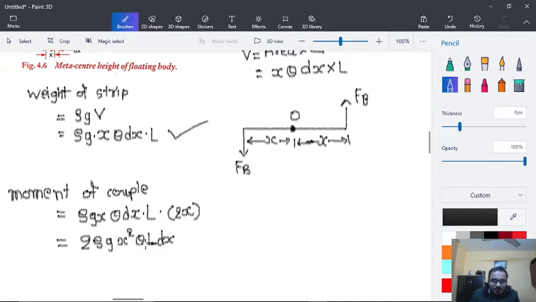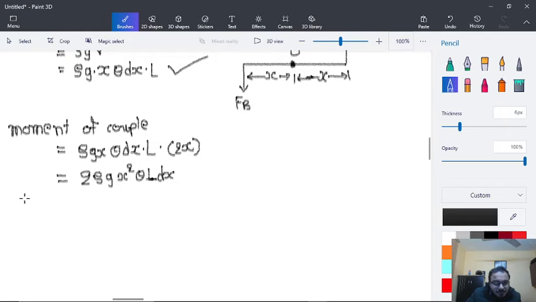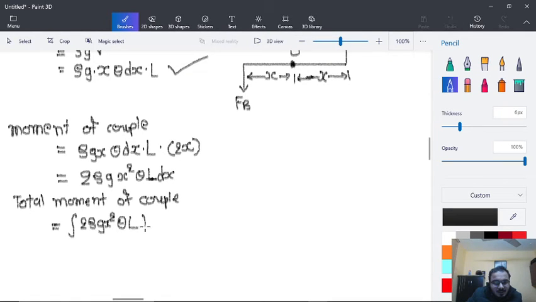So this is the moment of couple for the small strip, and total moment of couple will be equal to integration of 2 rho g x square theta L dx. So this will be our equation 1.